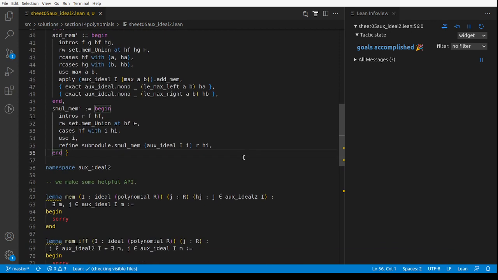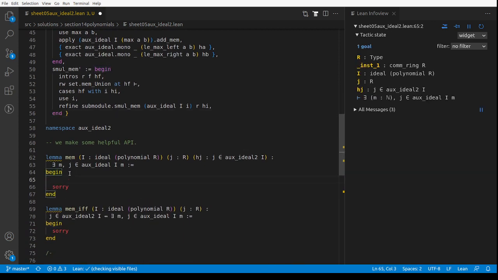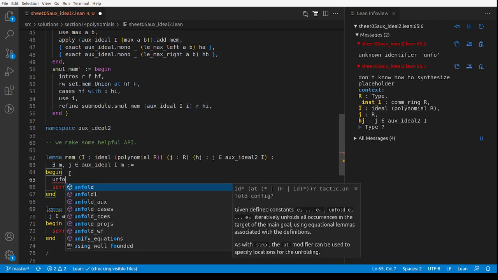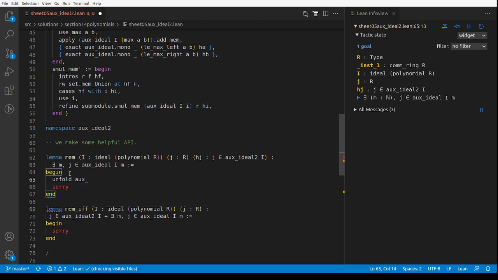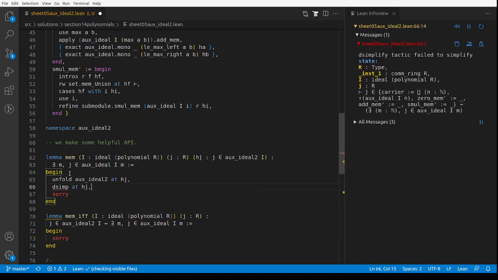So this union of ideals is an ideal. When am I in the union of the ideals? So that will be exactly ideal. Aha, so I have to unfold Orcs ideal 2 as HJ or something. And then simp at HJ.